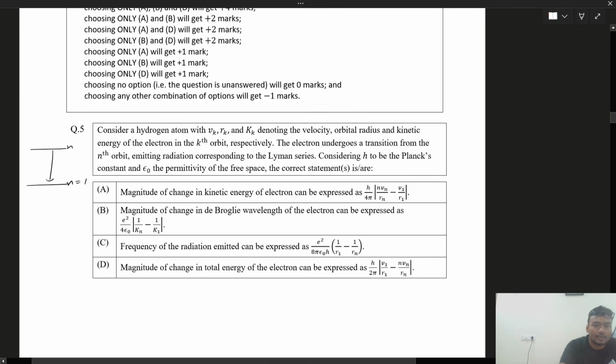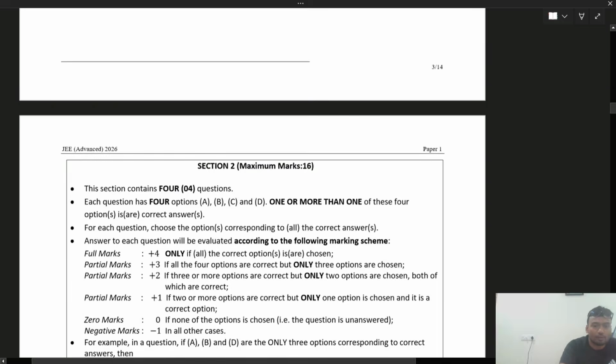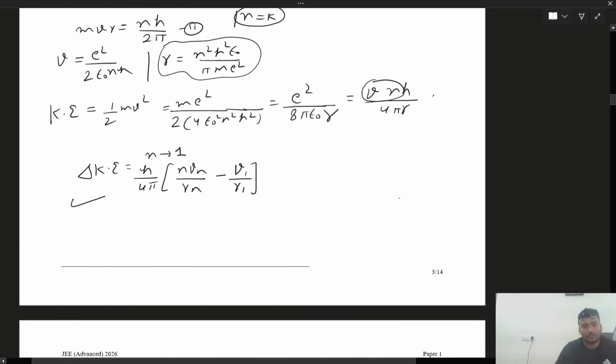See this first option, option A, that is correct, right?